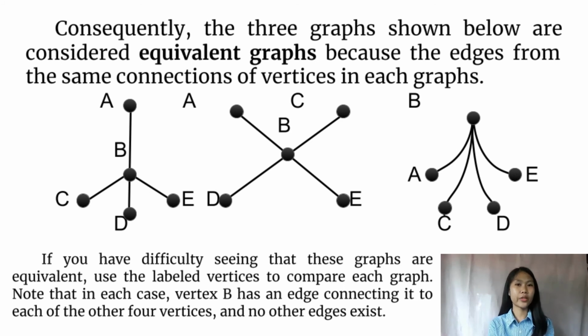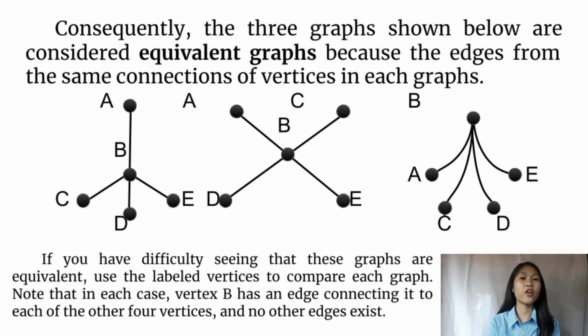It does not matter whether the edges are drawn straight or curved, and their lengths are not important, nor is the placement of the vertices important. All that matters is which vertices are connected by edges. Consequently, the 3 graphs shown below are considered equivalent graphs because the edges form the same connections of vertices in each graph.